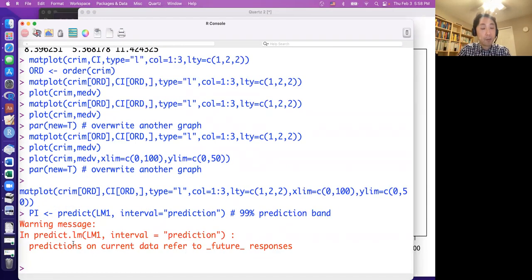A warning message isn't an error. It is a little bit misleading, right? We are just using the data set to see the prediction band, not testing something. The warning message just meant that: predictions on current data.